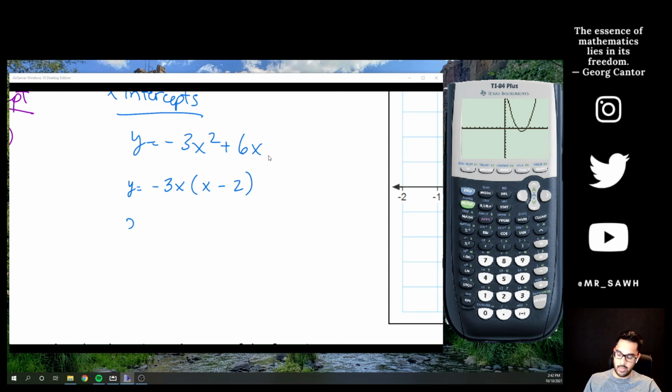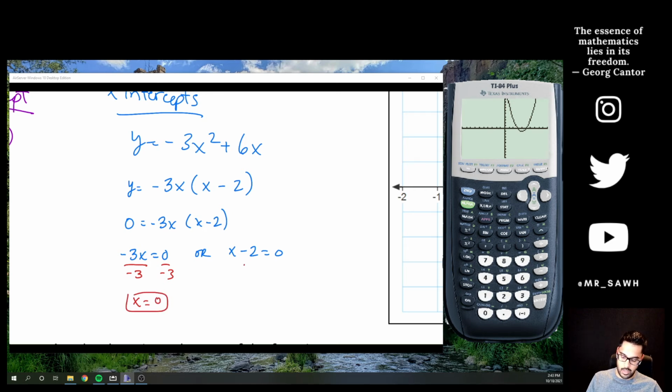And again, you can make y 0, and you can use each of your factors to solve for your x-intercept. So for one of them, -3x should be equal to 0, or the other option, x minus 2 should be 0. And if you solve each of these in their own respective way, well, I'll divide the first one. Both sides get divided by -3. So one of my zeros, or x-intercepts, is, well, 0.